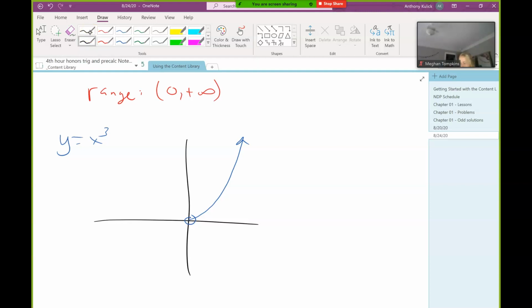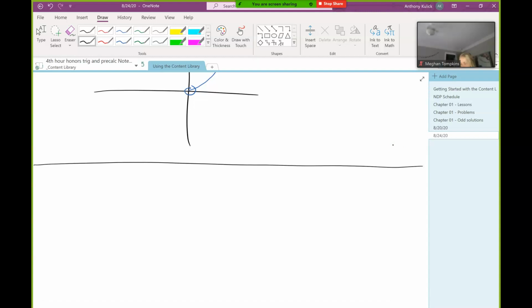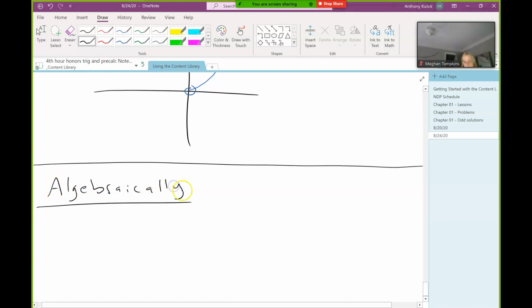Okay, so we did this kind of commonsensically, right? And looking at some graphs. Let's do this strictly algebraically also, just to give you a different idea of what you can do here. Okay? And when I say algebraic, I mean symbolic algebra.